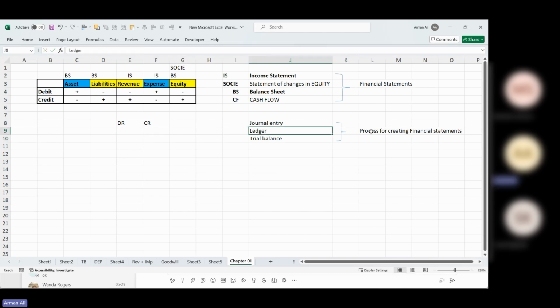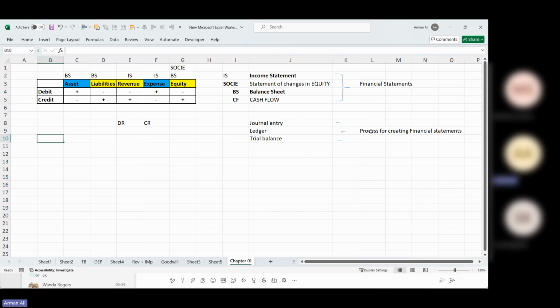So the basic building block is always debit and credit, and we do it with journal entry. We journalize it. The purpose of journal entry is just like a reporter, a journalist, as we call them. They journalize the events in front of them. Accountants are also like reporters. We're journalizing the story of a business.